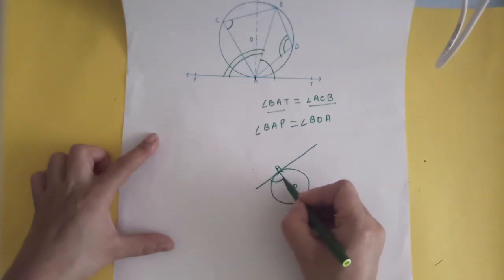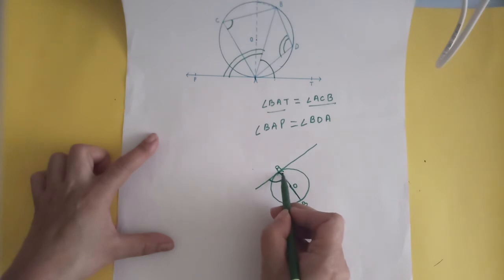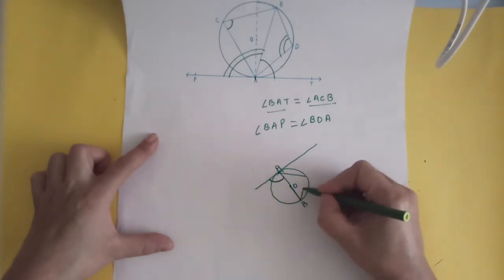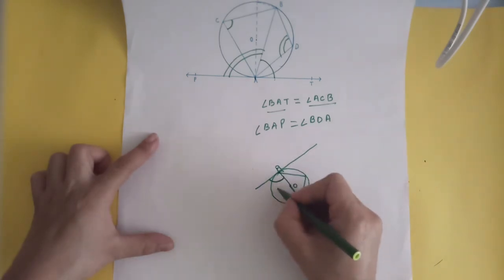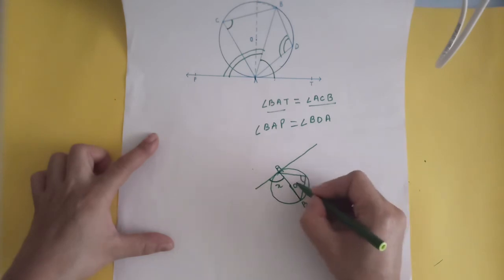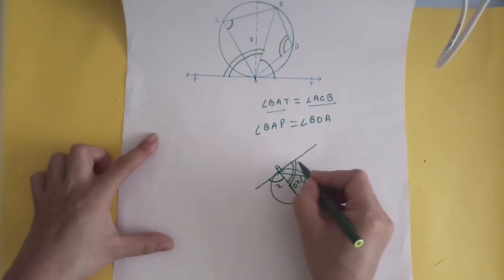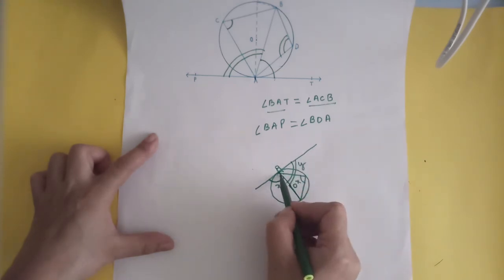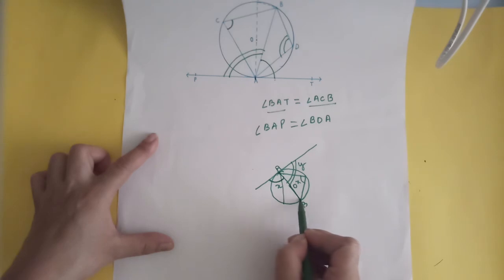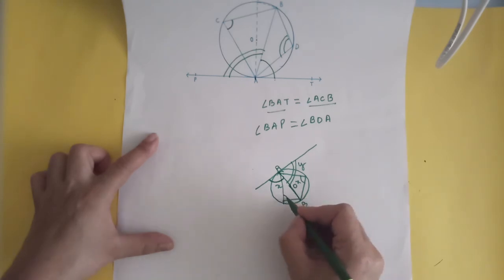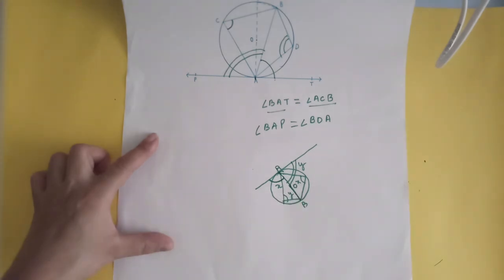Then this angle will be equal to the angle made by the chord in the alternate segment. So if this is X, this angle will also be X. Similarly, the angle between the chord and the tangent, that's this angle, if this is Y, this will be equal to the angle made by the chord in the alternate segment, right?